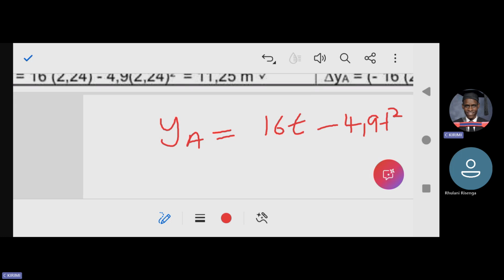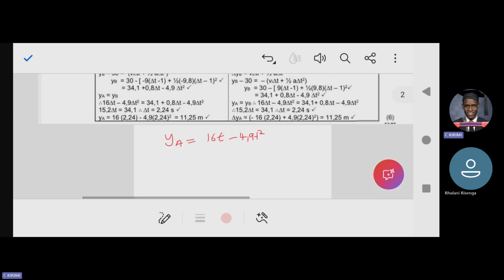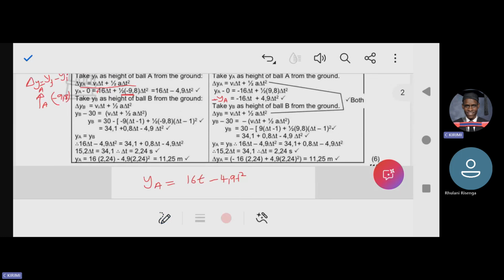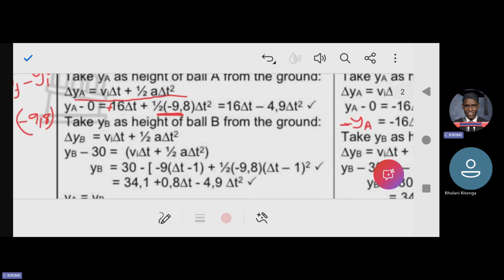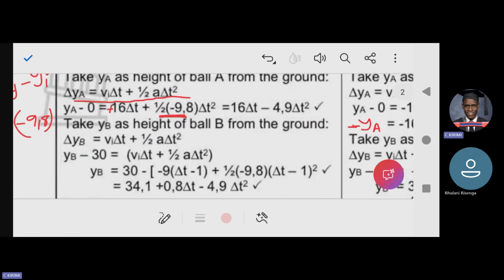That's where we arrived at as our equation 1. Any question? No. It's for this part first, for YA. Before we go to the one for ball B, do you have any question for YA? No, I don't have any question.